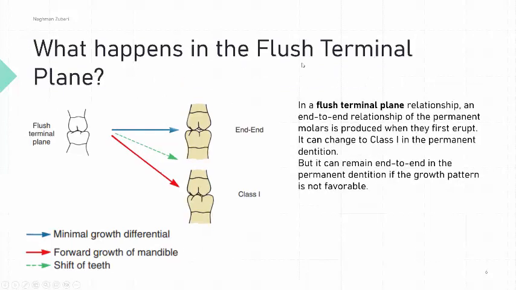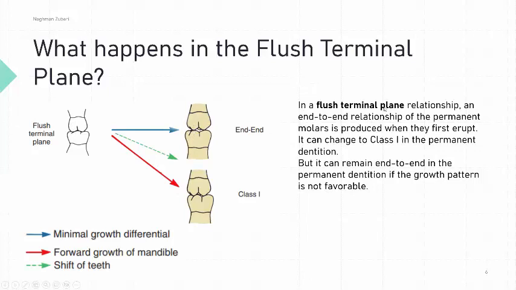Now what happens in the flush terminal plane? Again, the red one is the forward growth of the mandible, the blue one is the minimal growth differential, and the green dotted arrow is the shift of teeth. When there is a flush terminal plane of the deciduous molars, there will be an end-to-end relationship of the permanent molars.